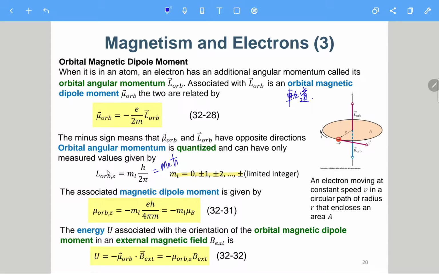This is the orbital angular momentum of the electron, and this is the magnetic dipole moment generated by this rotating electron over this axis.